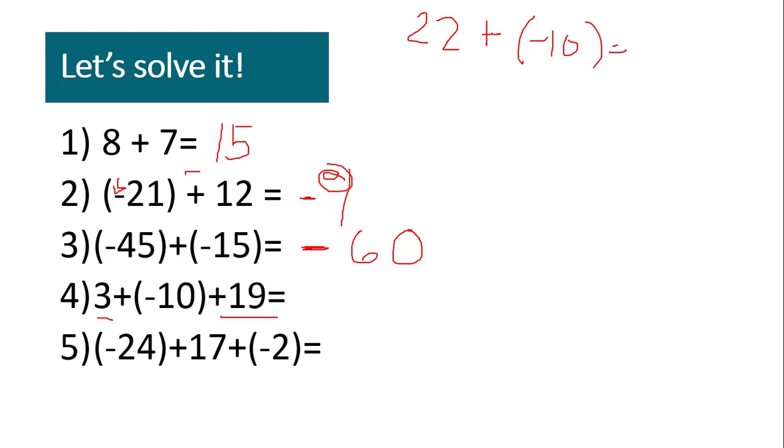Since magkaiba yung sign nila, i-subtract natin yung absolute value. We have 22 minus 10 is 12. And then, kukunin natin yung sign ng larger number which is positive. So, answer natin is positive 12.